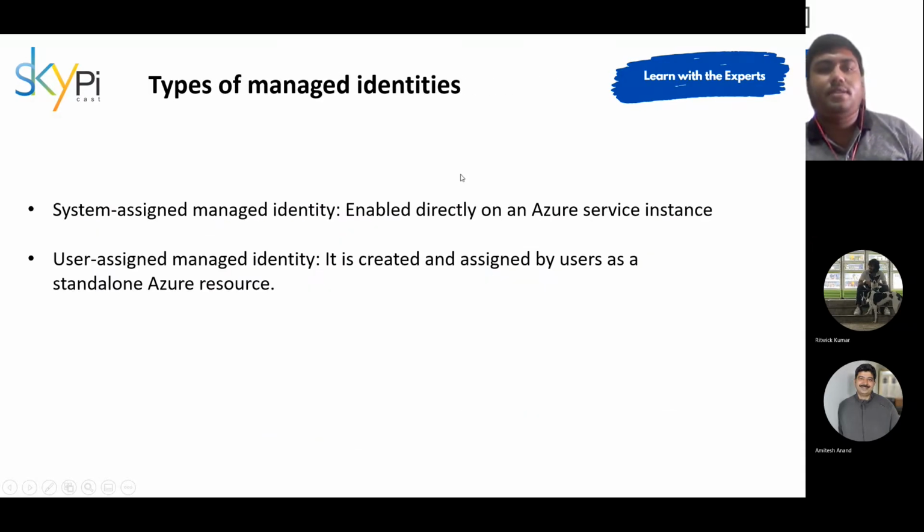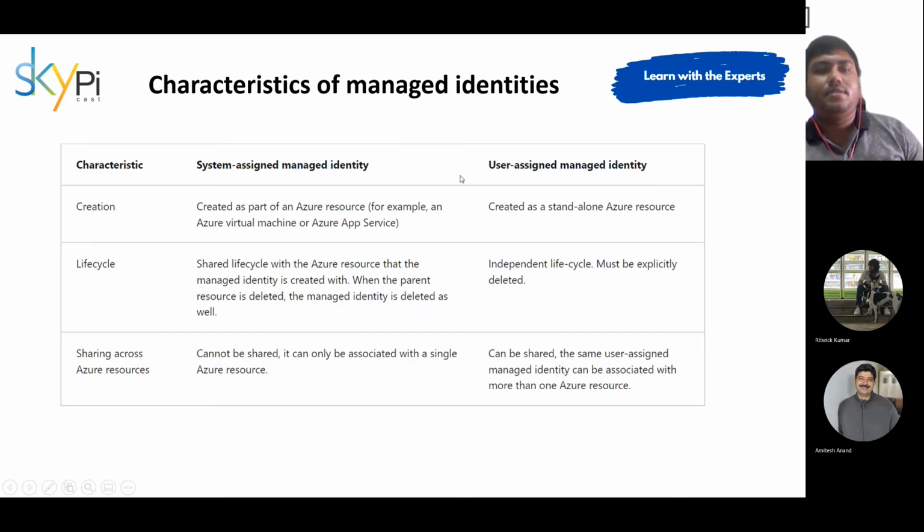So, characteristics of managed identities: we try to differentiate between system assigned and user assigned. It is quite important. So do we need a system assigned managed identity or a user assigned one? Coming to creation, for user assigned, it is created as a standalone Azure resource, and for system assigned, for every resource that we create, let's say an app service or a VM, we have a choice of creating an identity for that.